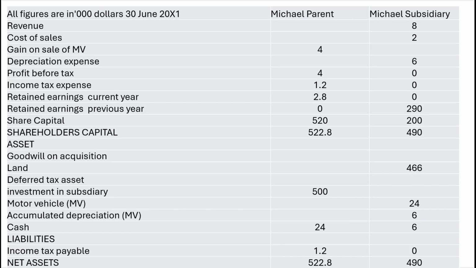On 30th June 20X1, at the year end, Michael Parent has sold the motor vehicle to Michael's Subsidiary and received cash. And Michael's Subsidiary has recorded the purchase of the motor vehicle at $24,000.